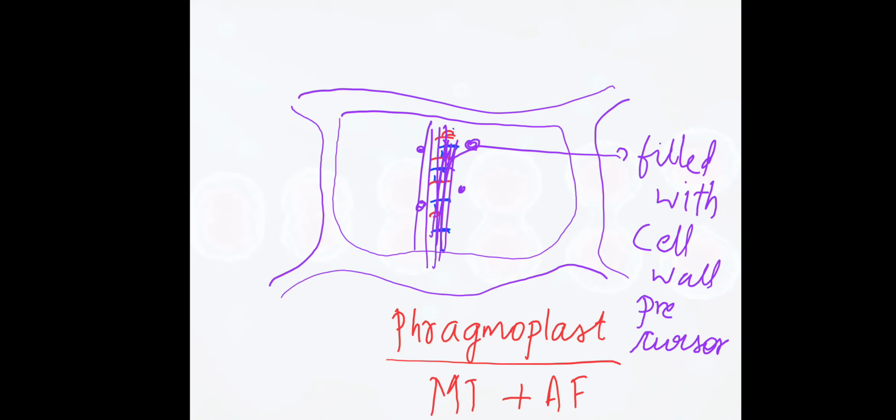The polysaccharide molecules derived from these vesicles form the matrix polysaccharide. Later, cellulose microfibrils are also laid down within the cell plate. This forms a cell plate that cleaves the cell. This becomes cell 1 and this becomes cell 2.